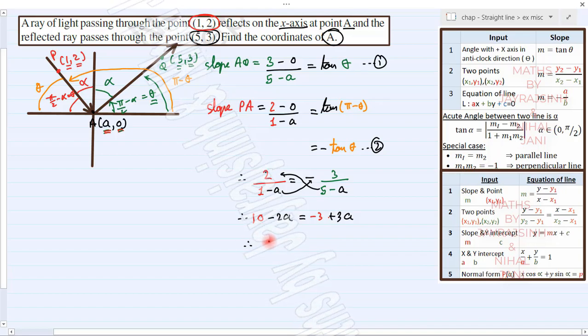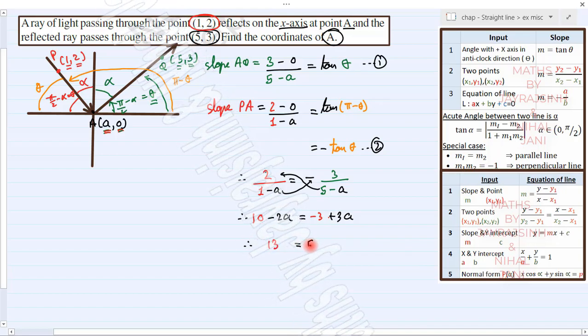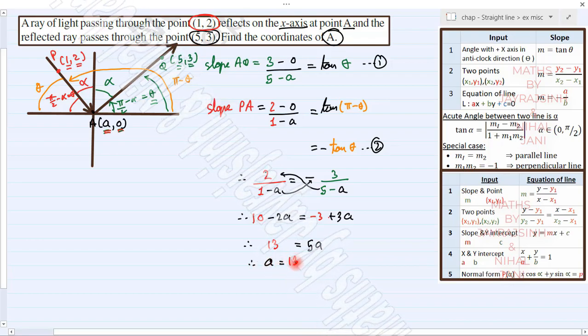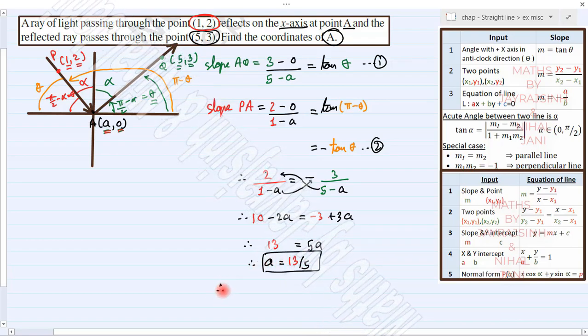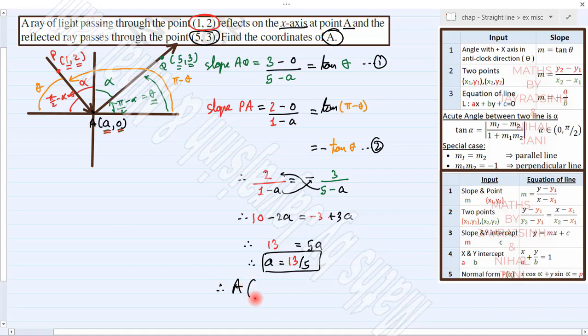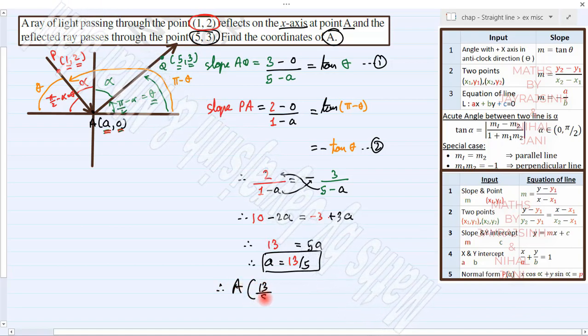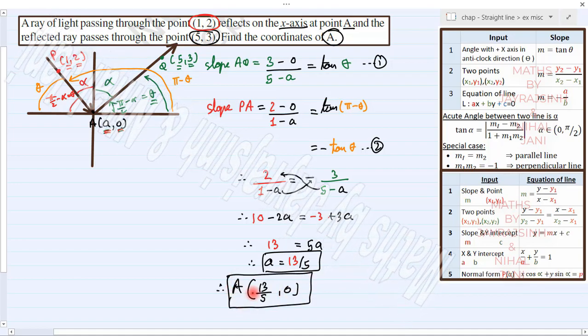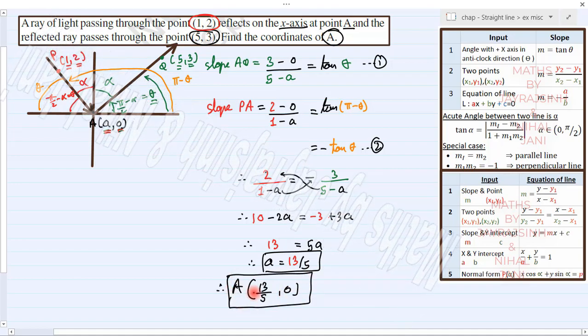So here we'll get 13 is equal to 5a, or we can say a must be 13 by 5. So the coordinate of A must be (13 by 5, 0) is our final answer. Ta-da!